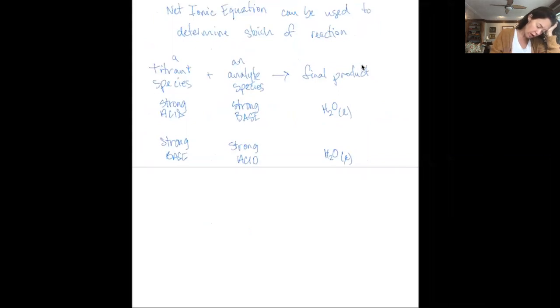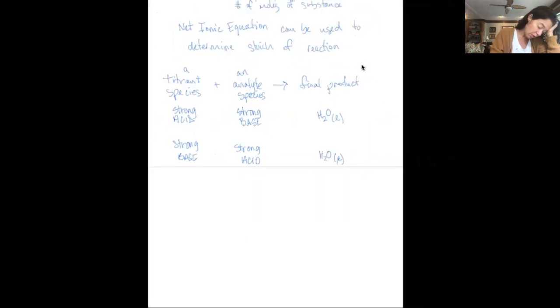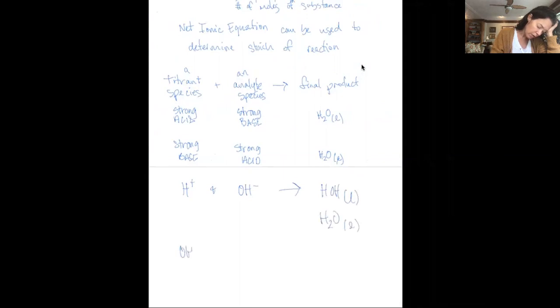Sorry, there's a hair on there. Let me think of what else I might need to tell you. Oh, if that is the case, then the net ionic equation will be this, right? Or it will be this, which is the same thing.